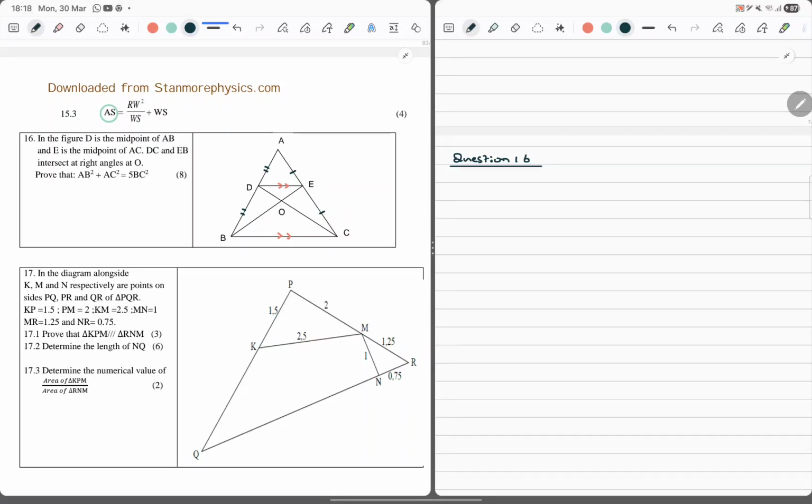Midpoint theorem. Right, DC and EB intersect at right angles. So we are being told that this angle here is 90 degrees, and all of these angles, of course, this being vertically opposite, there's going to be 90 degrees.